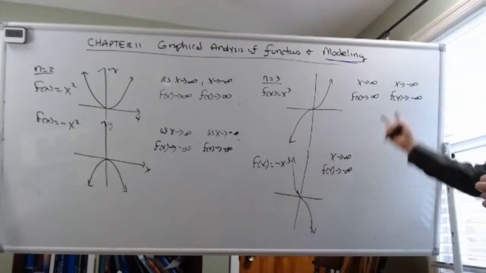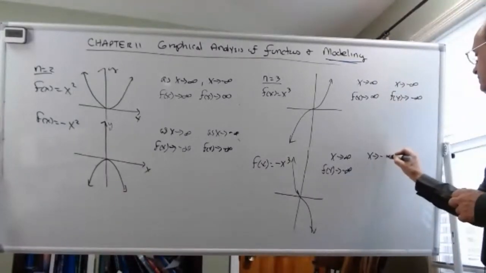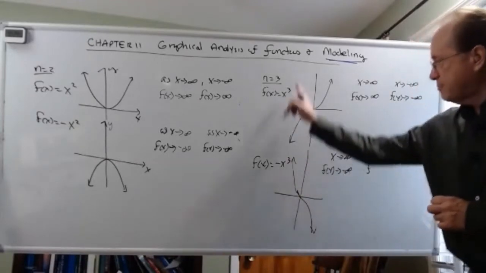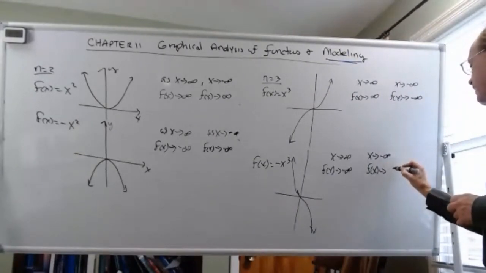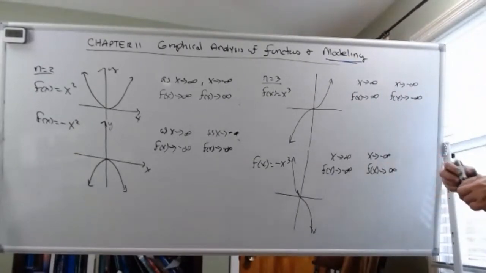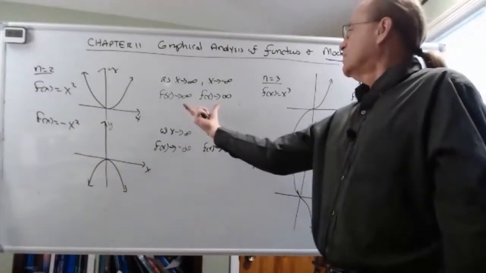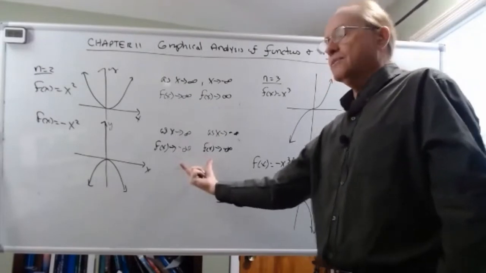But notice, you're going to see these are going to do opposite things. As x goes to negative infinity, now I'm going in this direction, so I'm going up on that curve. My f of x goes to positive infinity. Now this is always true. If n is even, notice plus infinity, minus infinity, minus infinity.